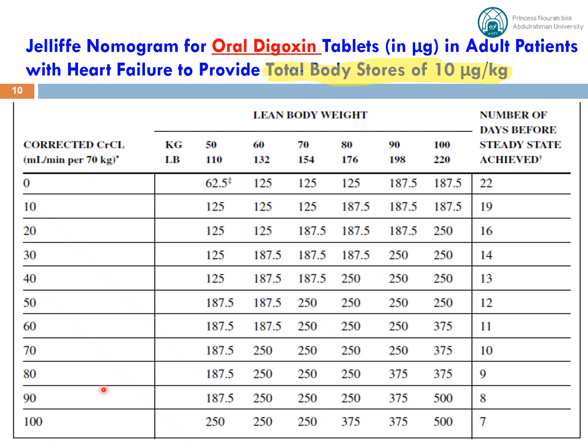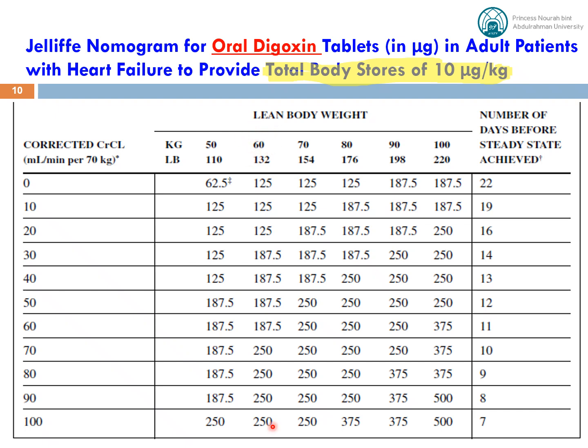Now let us explain these values. If the patient is with better kidney functionality, it takes around 7 days to achieve steady state concentration, okay. Now for a 70 kilogram patient, the oral tablet dose of digoxin to be administered is 250 micrograms.